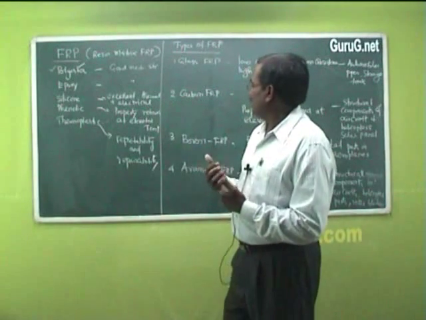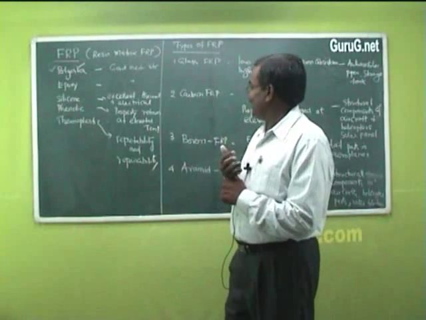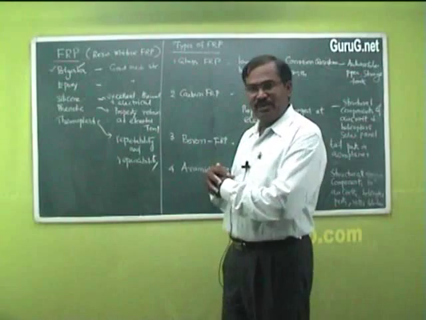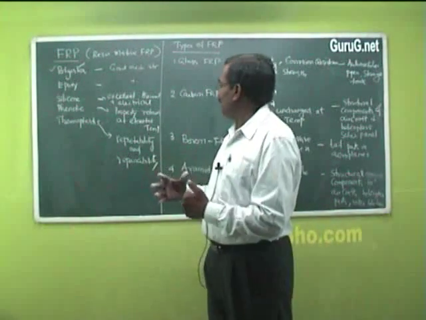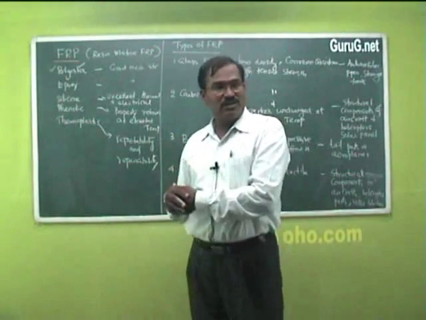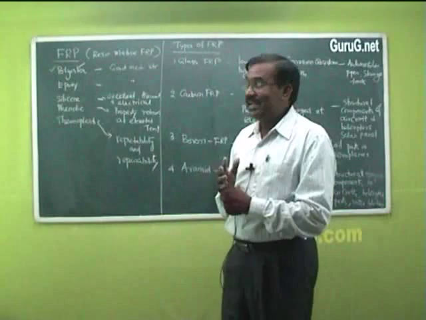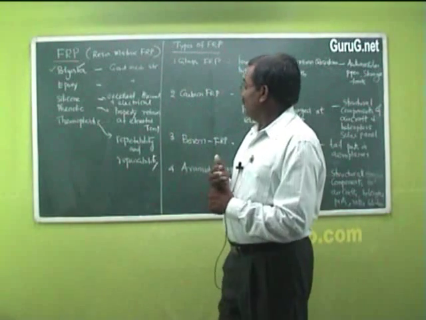And phenolic resin, the advantage of using phenol as a resin matrix is its property. It has one property at room temperature, and the same properties are retained even when we heat the material to elevated temperature. That means no thermal degradation occurs, or there is no change in property at elevated temperature.